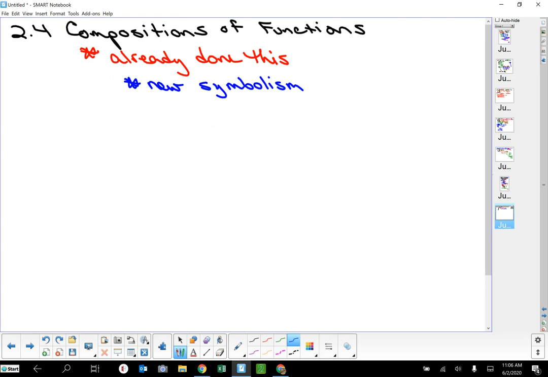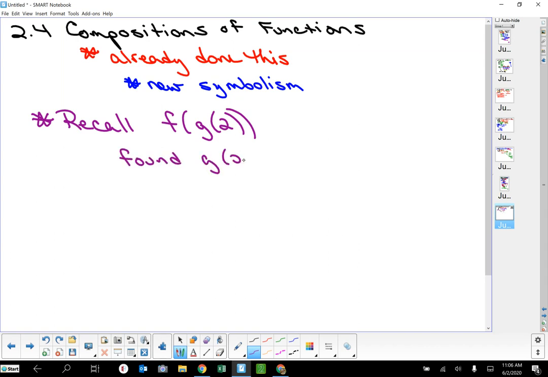All right, so I want to have you recall that we did something like this, f of g of 2, before, where you found g of 2 and then plugged your answer into f.